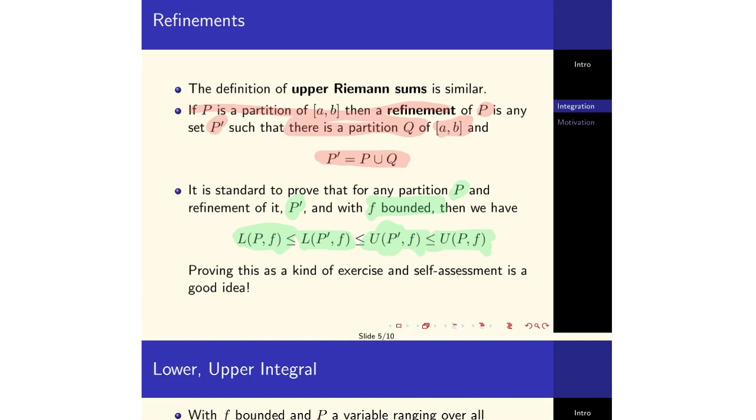But what you should imagine is going on in all of this is that the refinement is always kind of squeezing in. At the very least, you're never getting farther apart. Refinements tend to bring your lower sum and your upper sum closer together than they were before the refinement.